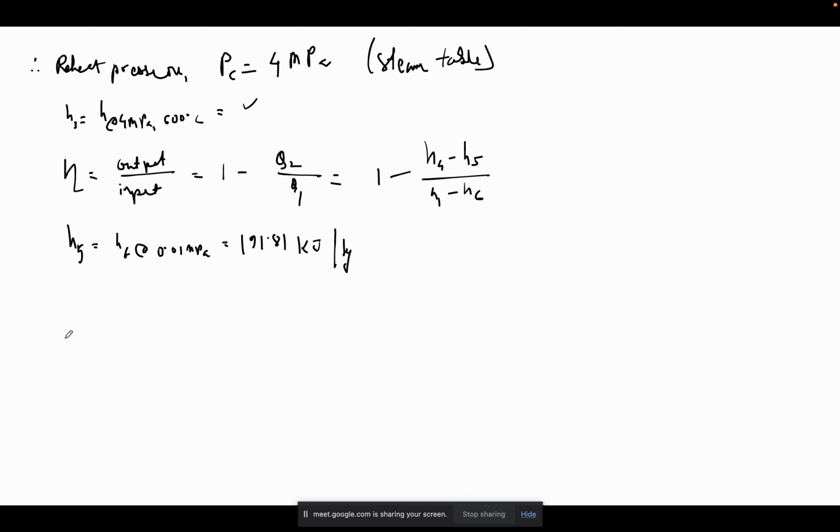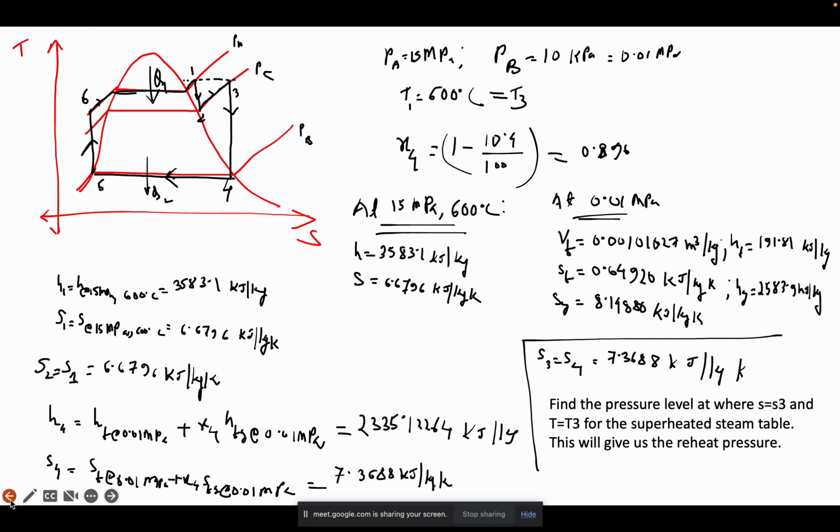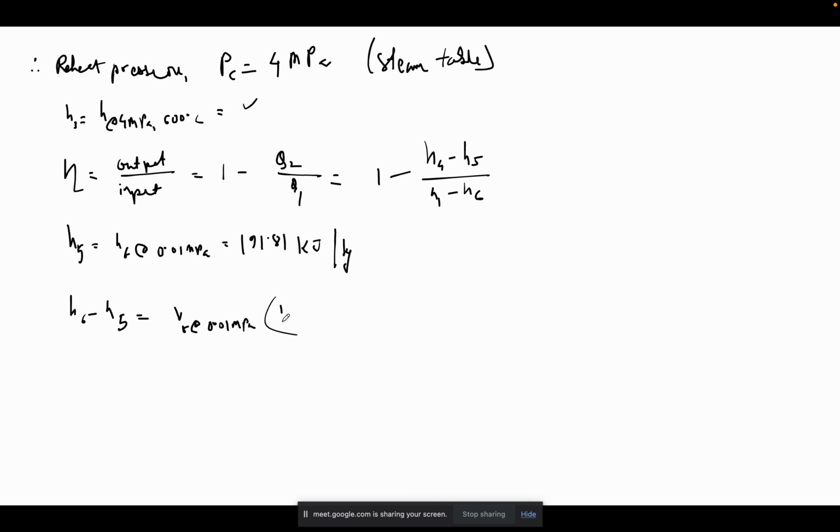And what is my H6? How will I calculate? H6 minus H5 will be basically Vf at 0.01 megapascal times 15 minus 0.01 into 10 to the power 3.